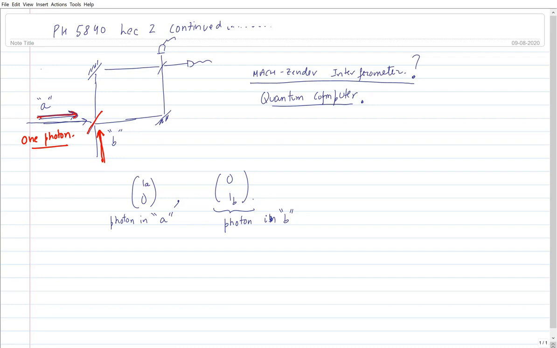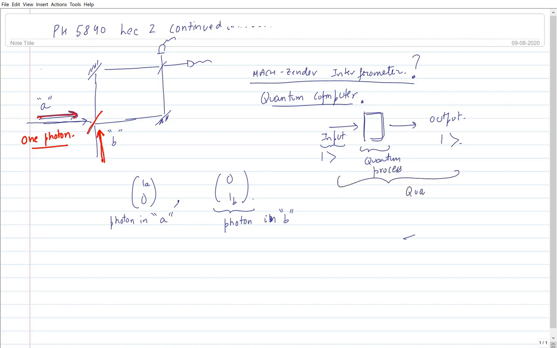But what essentially is a quantum computer? A quantum computer is where you have some input state, some operation, and some output. And when these states are quantum states, and the output is quantum, and over here is a quantum process, well, that's your quantum computer.